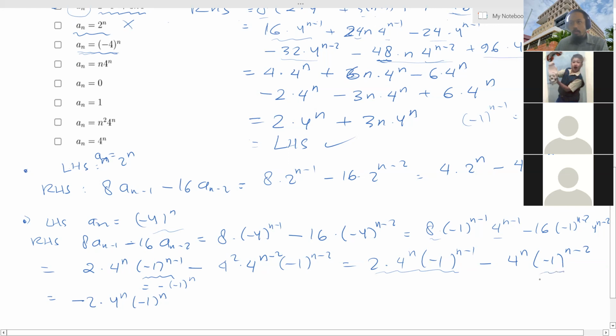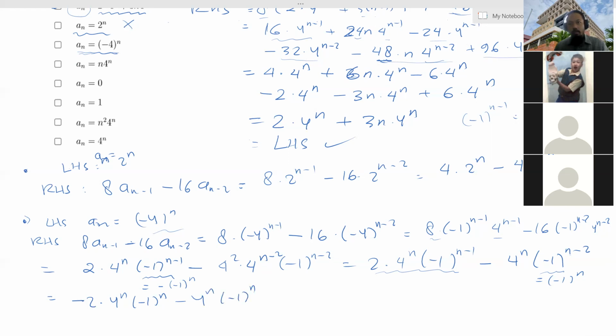And this one is equal to minus 1 to the power of n, right? Because if n is even, then n minus 2 is also even, so they have the same sign. So this is minus 4 to the power of n times minus 1 to the power of n.